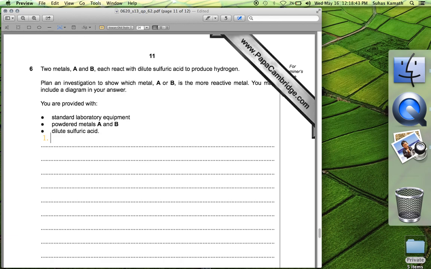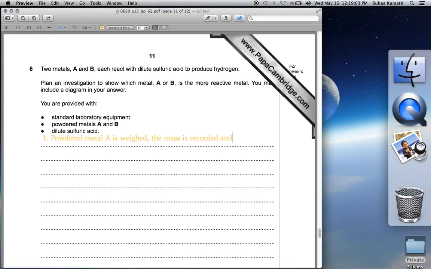So powdered metal A is weighed. The mass is recorded and the metal is then added to the sulfuric acid.